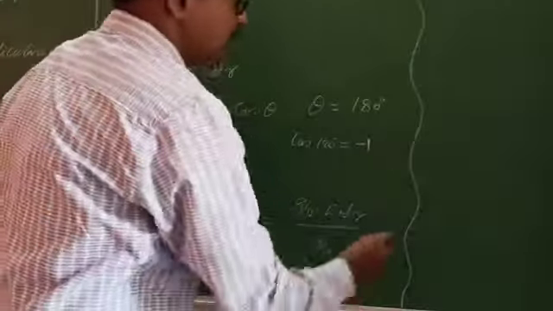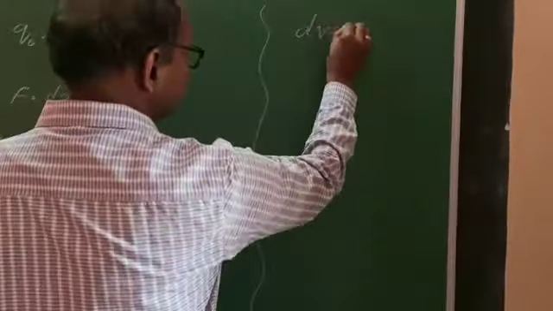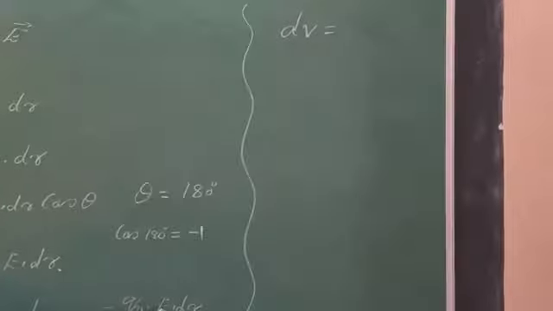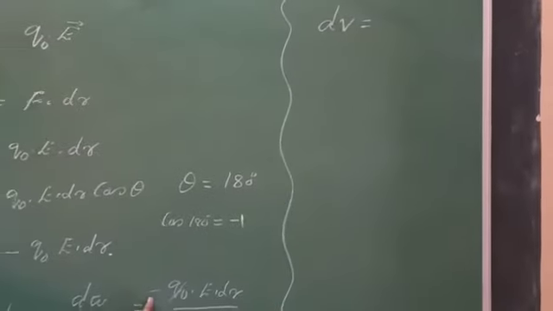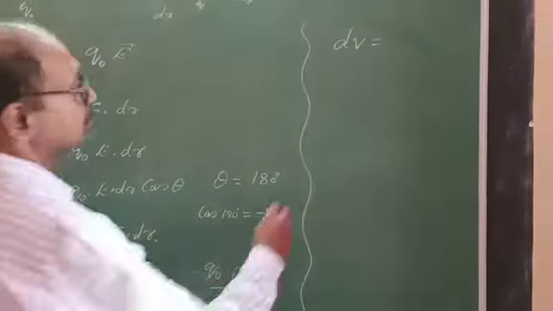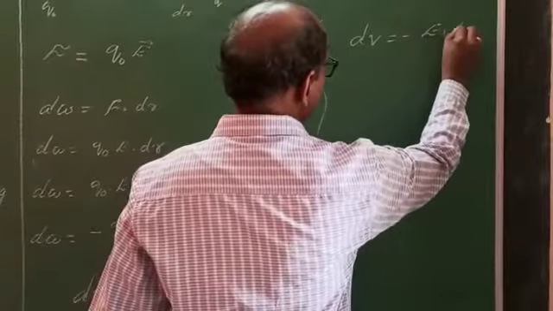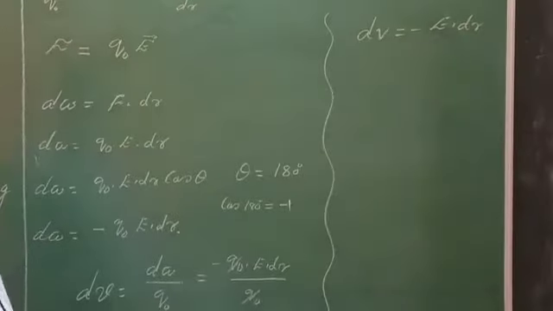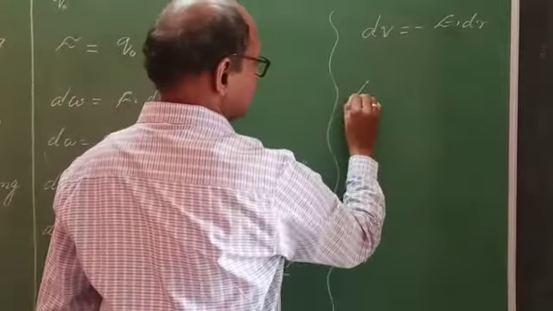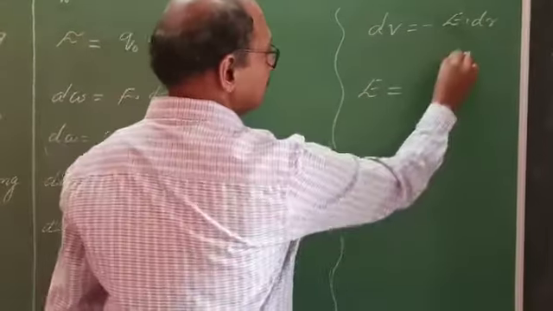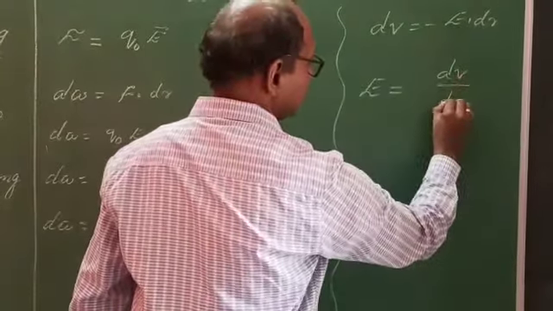Therefore the potential dV is equal to minus E into dr. So what is E now? The electric field is equal to minus dV divided by dr.